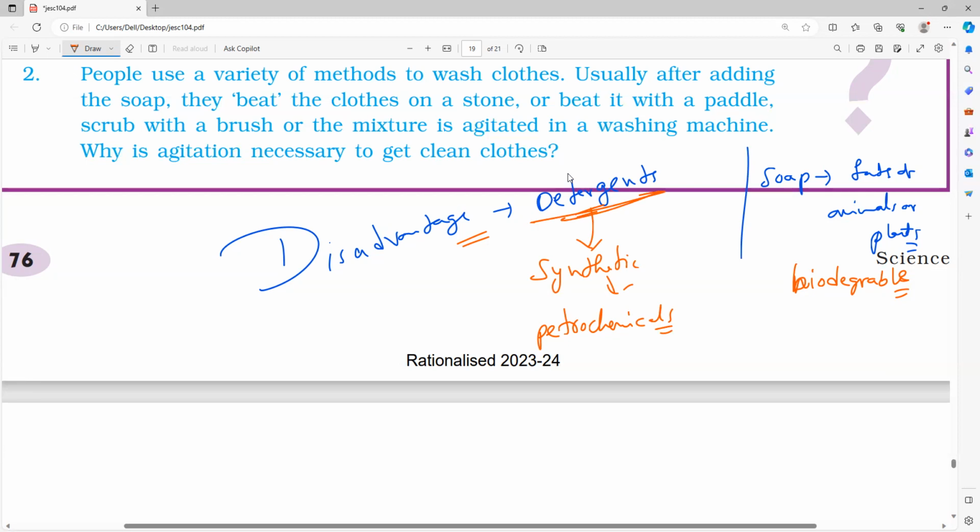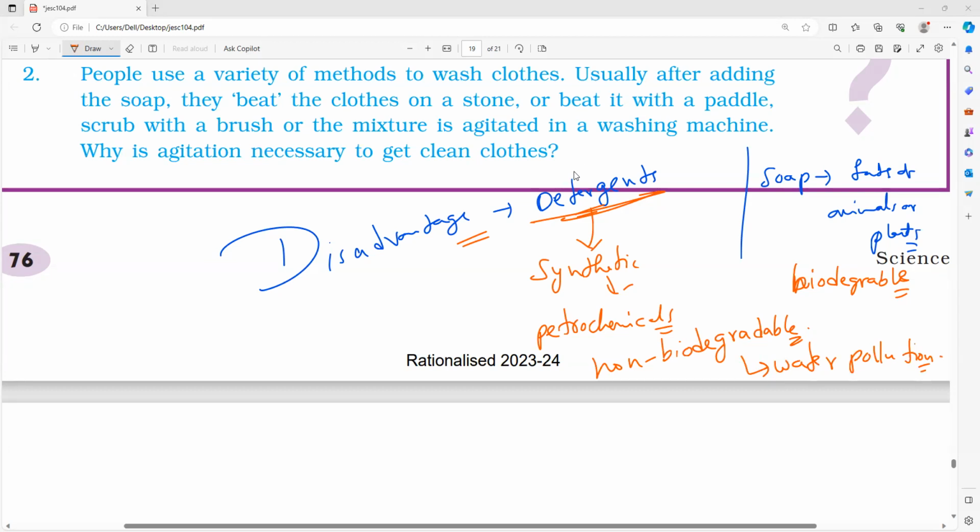So they are non-biodegradable. No bacteria or microorganisms, what do we call them, our environment's decomposers, will take action on detergents. So it leads to water pollution. That is the major problem, the disadvantage with the detergents we are using. Decomposers cannot take anything.